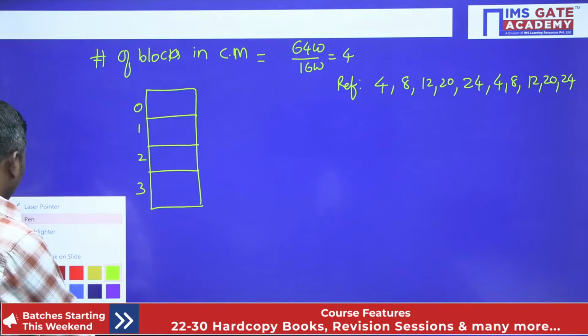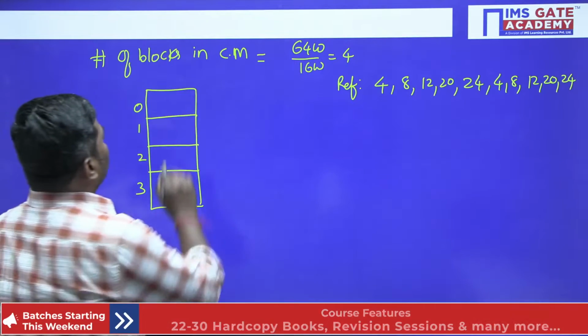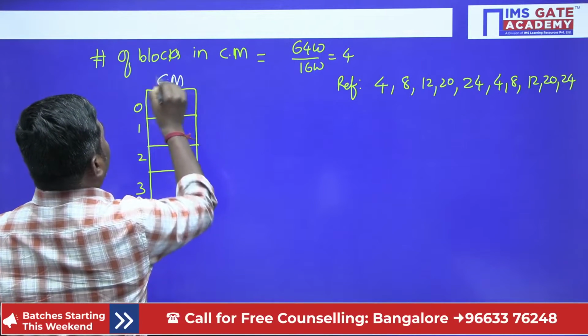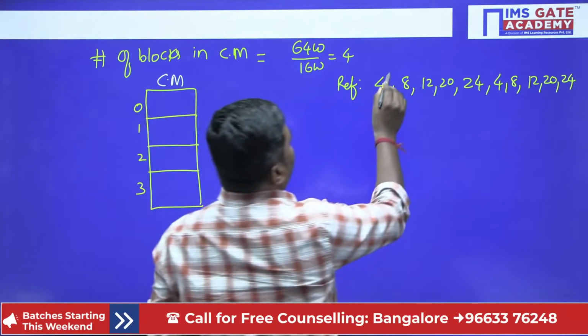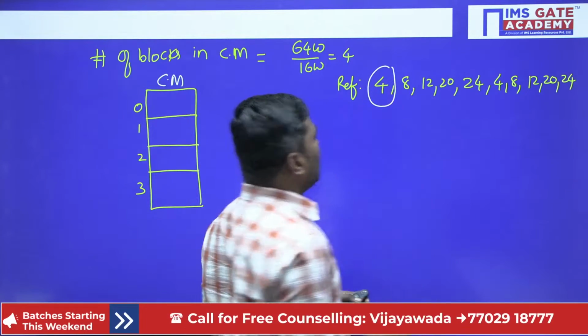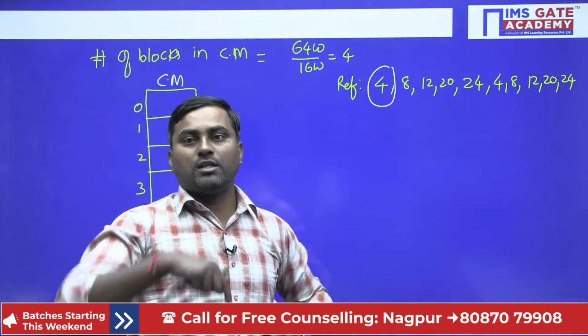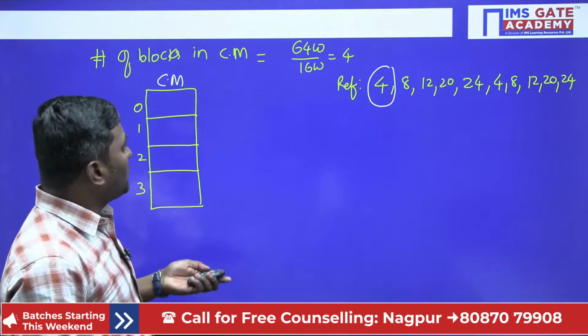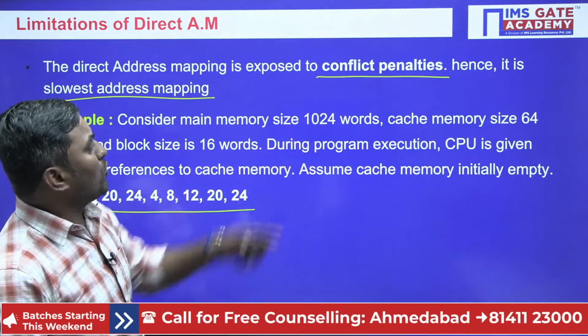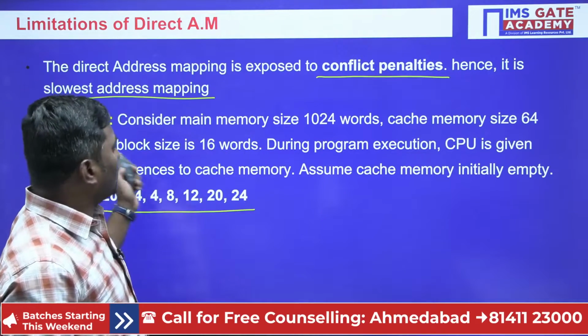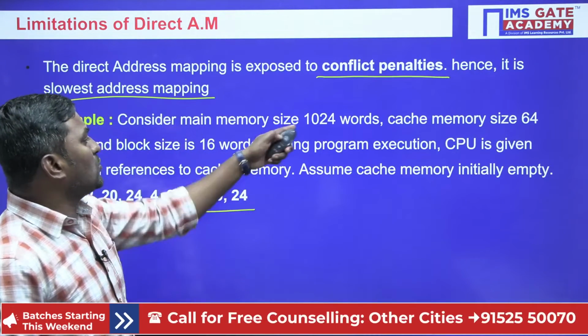Observe. Initially cache memory is empty. These are the references to the block numbers: 4, 8, 12, 20 indicate block numbers. So how many blocks will be there in the main memory? 1024 words, and one block size is 16 words, so 1024 by 16.